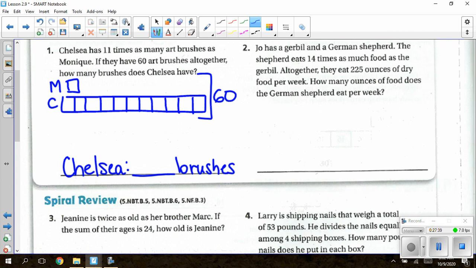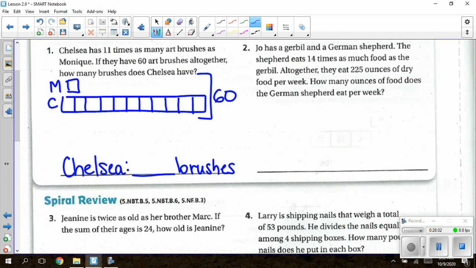For question number 2, Joe has a gerbil and a German Shepherd. The Shepherd eats 14 times as much food as the gerbil. Altogether, they eat 225 ounces of dry food per week. How many ounces of food does the German Shepherd eat per week? So we obviously know the German Shepherd would eat way more than the gerbil.